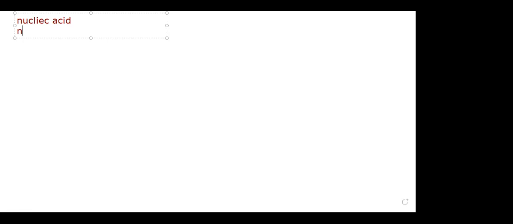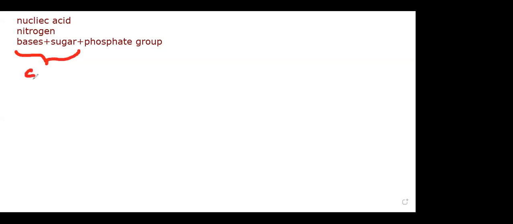So what is this nucleic acid basically made up of? Nucleic acid is basically made up of nitrogen bases plus sugars plus phosphate group. Okay, so the nitrogen base, when it combines with the sugar, it will form nucleoside.